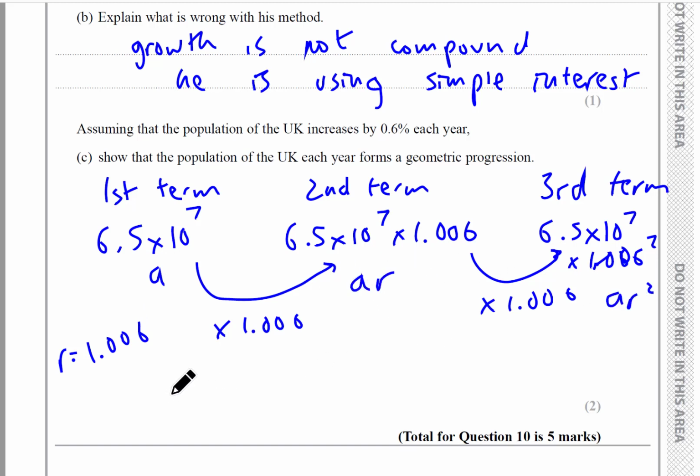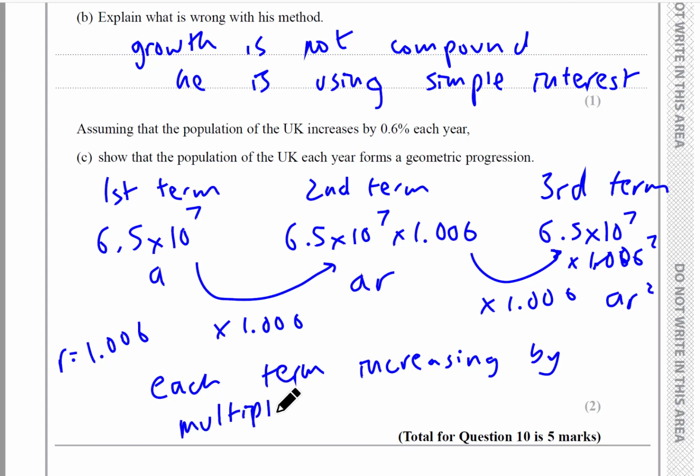Now if you don't understand that, or are not familiar with that term for geometric progression, you can just write a statement: each term increasing by, I suppose that's a multiplier of 1.006, so geometric progression.